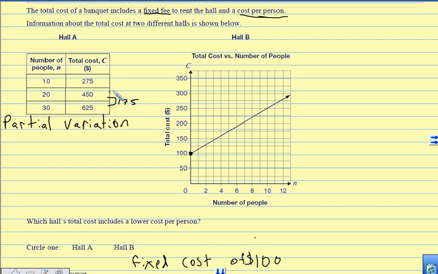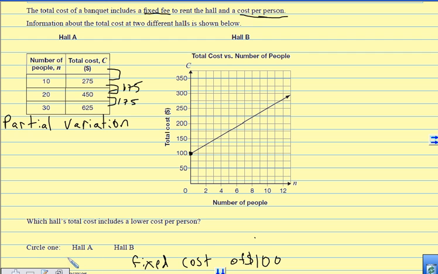And then what's the difference between 450 and 275? Well, 450 minus 275 is also 175. So working backwards, we would have to subtract 175 from 275. So actually the fixed cost would be 100. Oh, so both the fixed costs are the same.